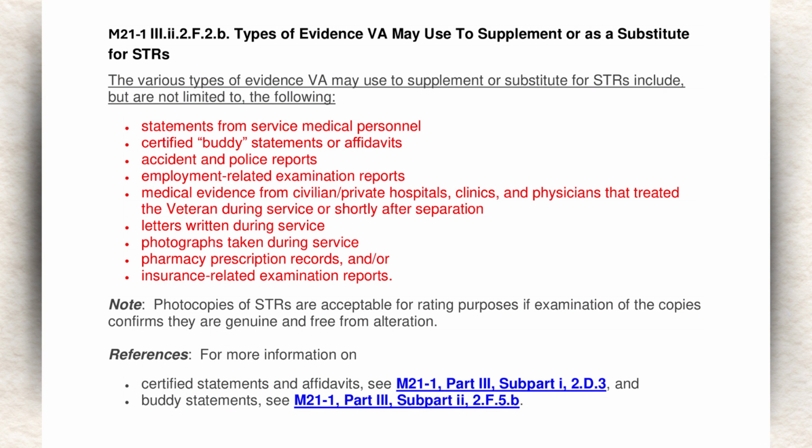Types of evidence VA may use to supplement or as a substitute for service treatment records, okay? The various types of evidence VA may use to supplement or substitute for service treatment records, remember, that was slide number 2, include but are not limited to the following: statements from service medical professionals, certified buddy statements, accident and police reports. I actually granted service connection for a veteran that said, hey, I was on leave. Here's my leave report, because it was in his personnel records.